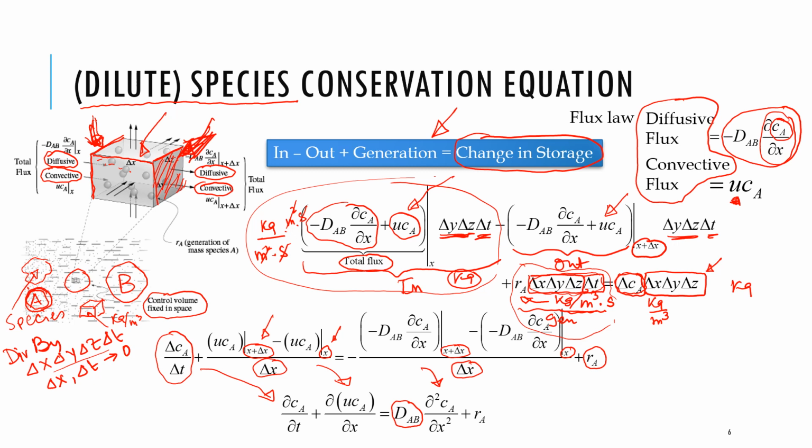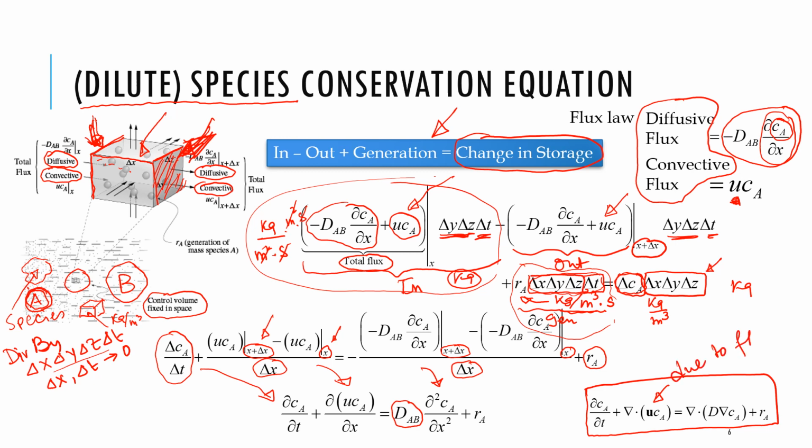In a very general way we can write this equation as del Ca del t plus del dot UCa. This is the convection, or due to flow. And this one, I put the D back inside the derivative, and this is due to diffusion.